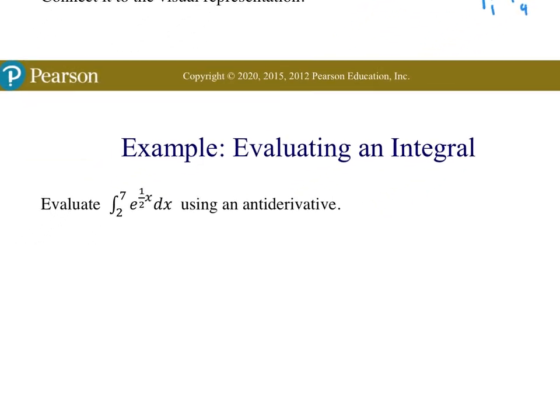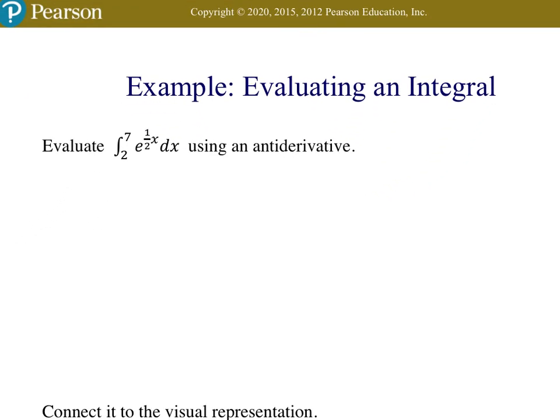Okay, here's another exponential, e to the half x. So our antiderivative of that would be e to the half x divided by the natural log of e, but also divided by the chain rule, which would be 1/2, plus c, and then from 2 to 7.